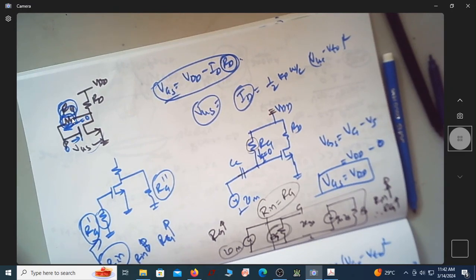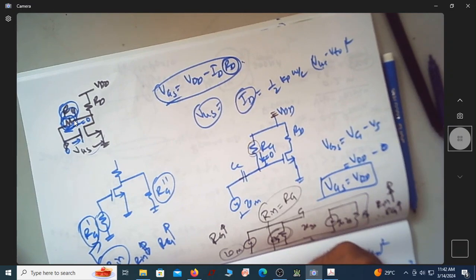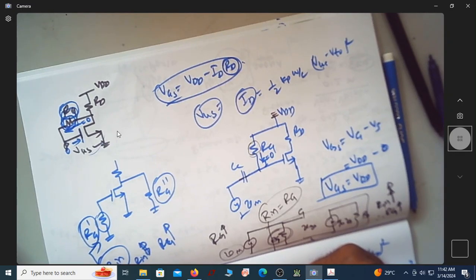No drop comes across this RG at all. So when there is no drop across RG, the value of RG does not matter for the DC voltage of VGS. VGS has the expression VDD minus ID into RD, where RG does not come into the picture at all.